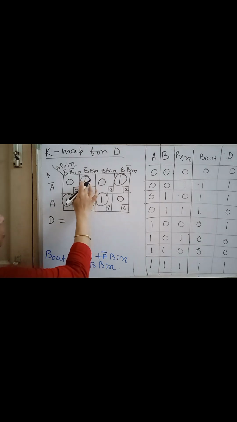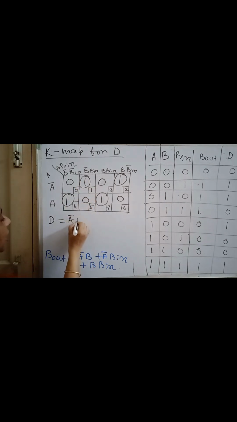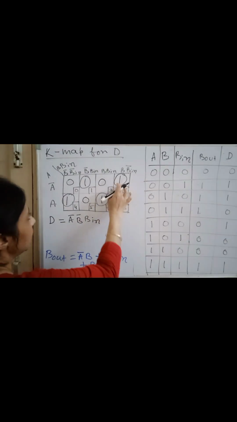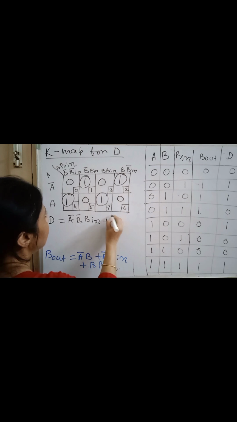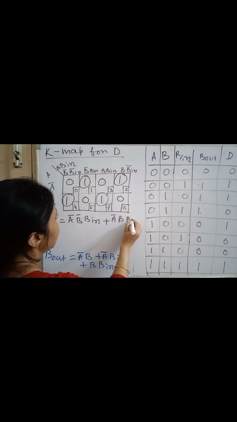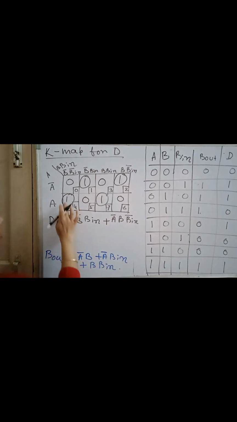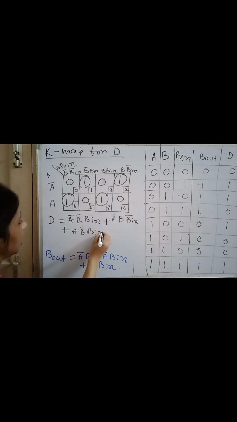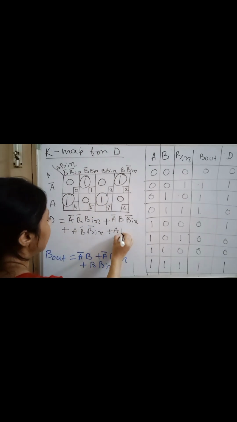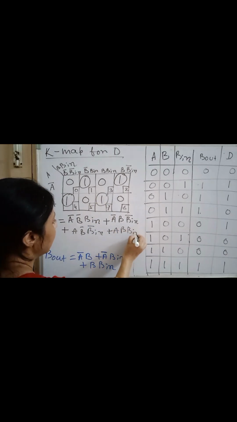For this it is A bar, B bar, B in. For this it is A bar, B, B in bar. For this it is A, B bar, B in bar. And for this it is A, B, B in.